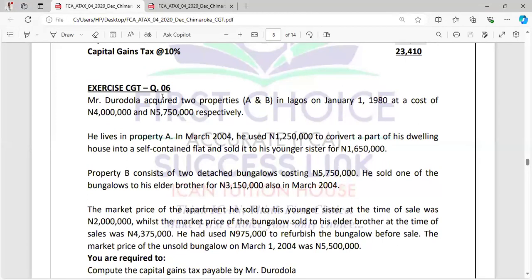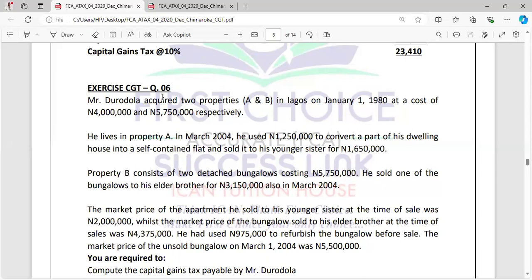Mr. Durodola acquired two properties, A and B, in Lagos on January 1, 1980 at a cost of 4 million. That's property A cost 4 million and property B costs 5,750,000 respectively. He lives in property A. So what it means is that property A is where he lives in, and it is not for commercial purpose.